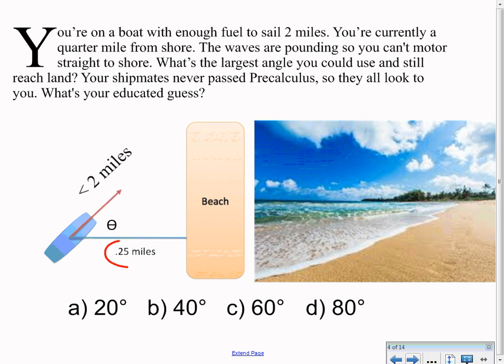This is not to scale, so that's a quarter mile, and you are going to go out no more than 2 miles in that direction. Take a guess. Choose one of these four answer choices: 20, 40, 60, or 80 degrees. What do you think? We're going to reveal the answer in just a moment.